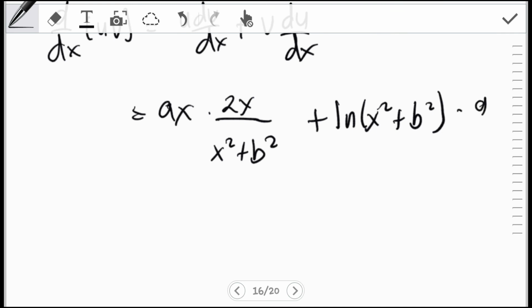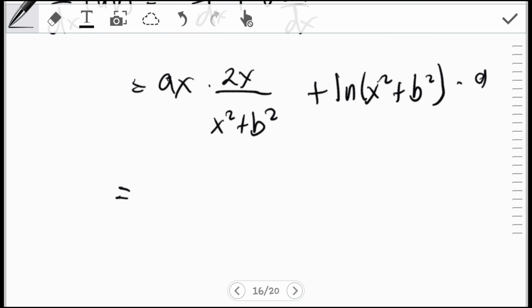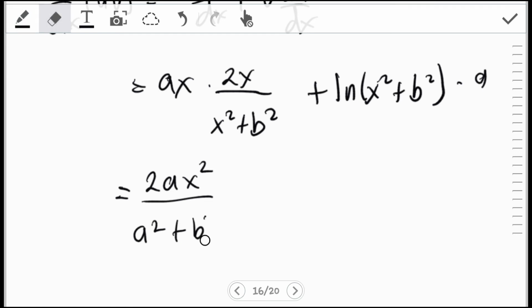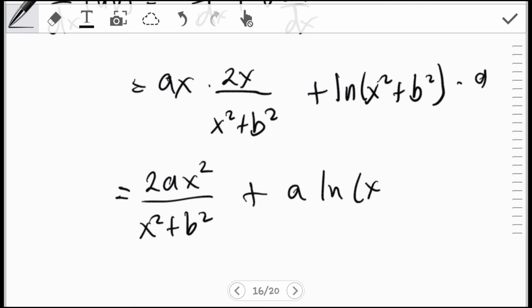Okay. So simplify, or 2ax squared over x squared plus b squared, plus a ln x squared plus b squared. So that is the final answer.